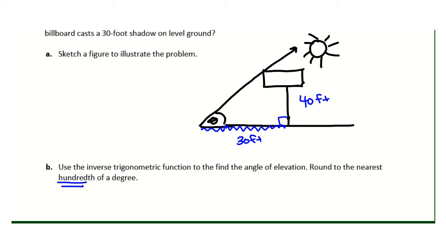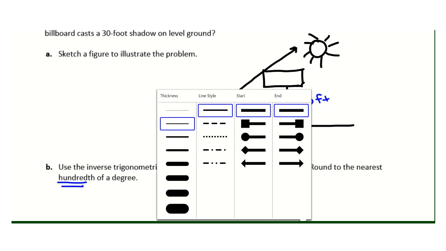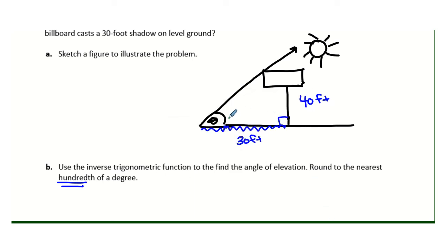So let's think about this logically here. Opposite of theta is my 40 feet. Adjacent to theta is 30 feet. Which trig ratio uses opposite over adjacent? Well, tangent uses that.